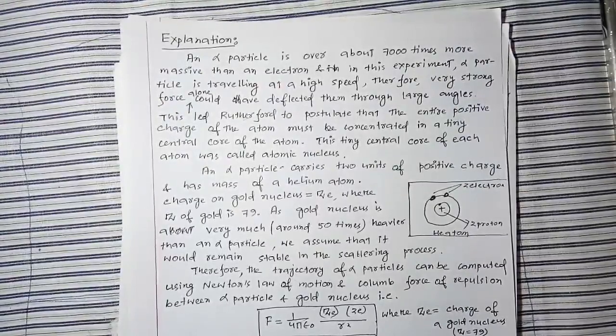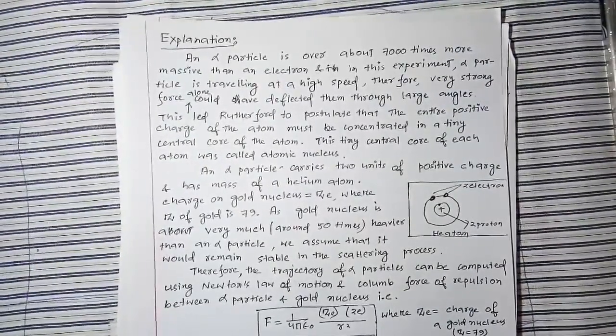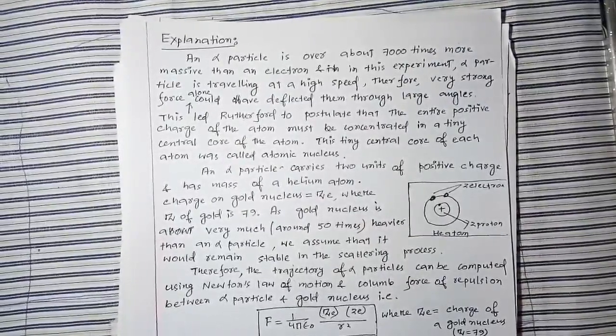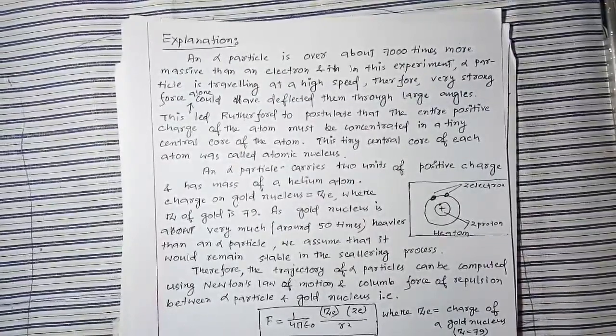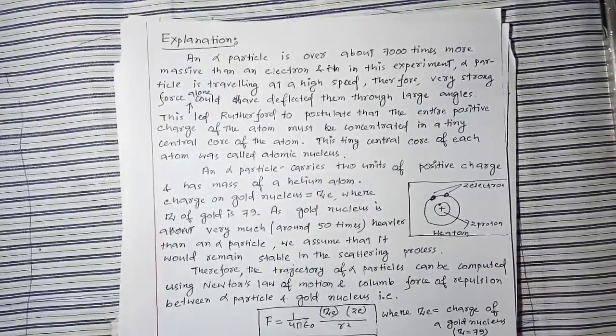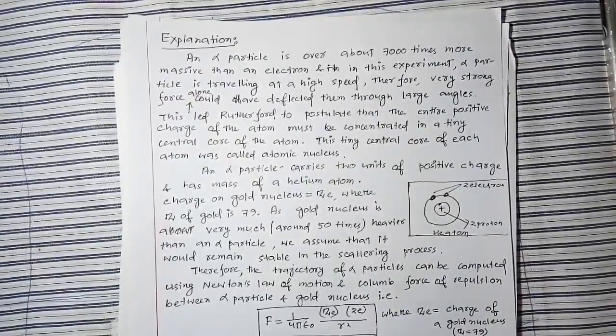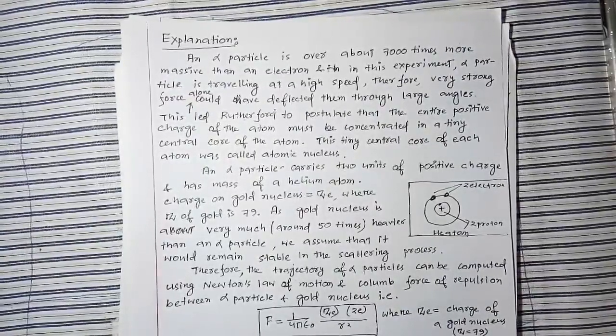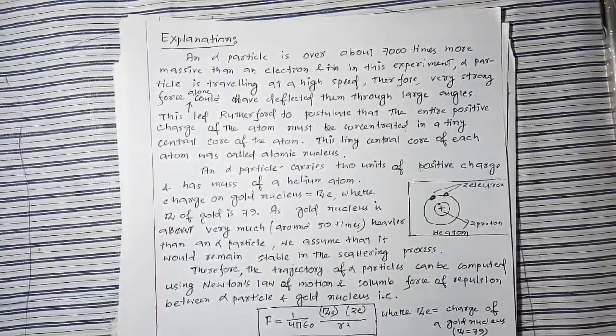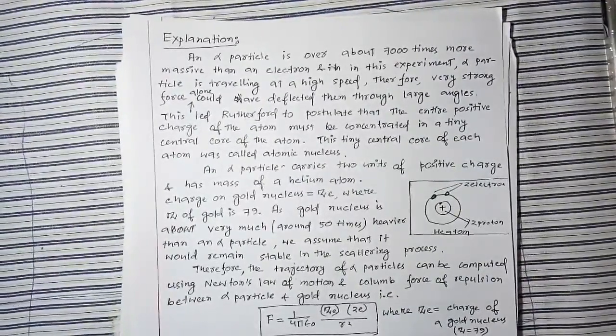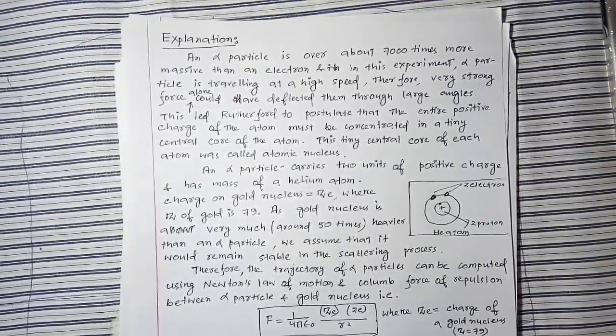So to deflect that kind of high energetic alpha particle by an angle more than 90 degrees, there should be a very strong repulsive force, and the repulsive force that we have inside the gold atom is nothing but the positive charge of the gold atom, right? And again, since only 1 in around 8,000 alpha particles is getting deflected, that means the positive charge of the gold atom must be concentrated in a very tiny space.